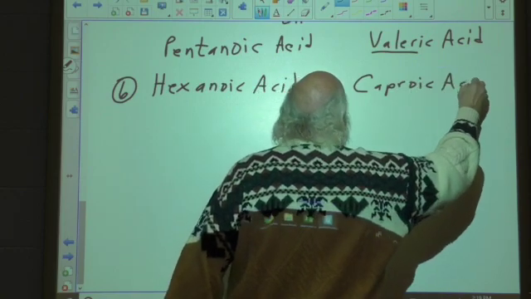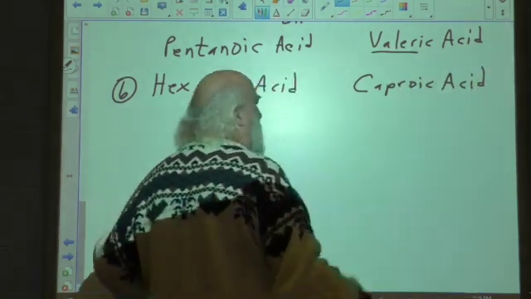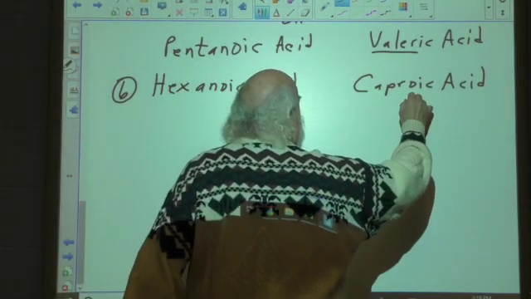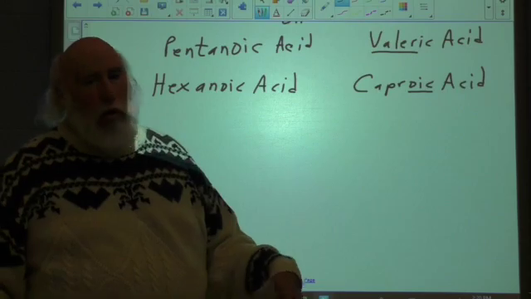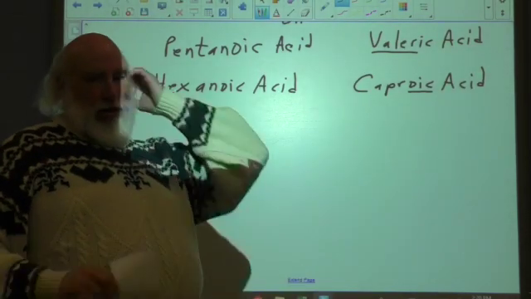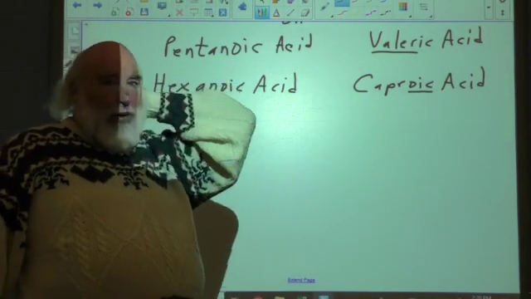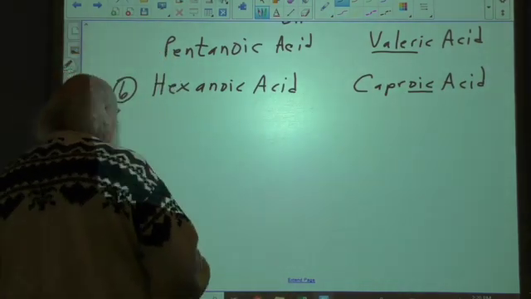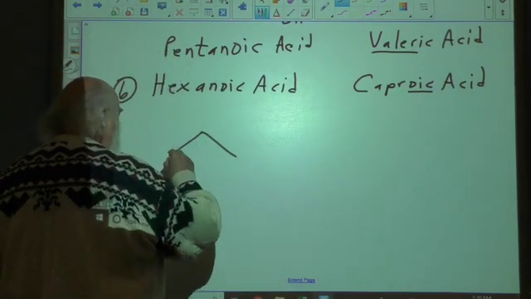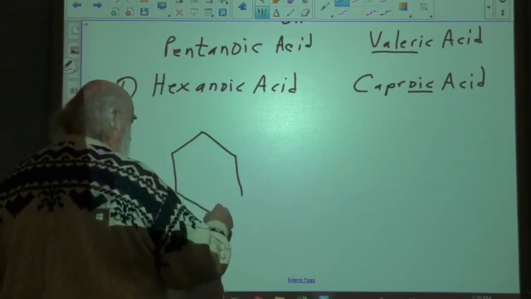Now there's a bunch more. We're not going to get them. These are the main 6. But notice the confusion here on OIC. It's only there because capro means goat, not because they decided, oh, let's do what all the Greeks do. No. Now the last one's the aromatic acid.